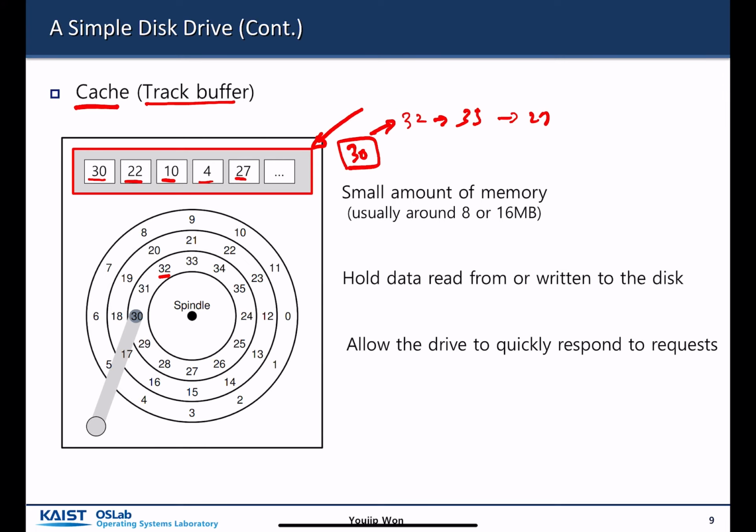The usage of the track buffer is that as soon as it reaches the target track, it directly starts to read whatever sectors are underneath the head and reads them all, and then places them in the track buffer, instead of spending time fine-tuning, finding the right sectors it wants to read. So that's the usage of the track buffer. This allows the drive to quickly respond to requests.